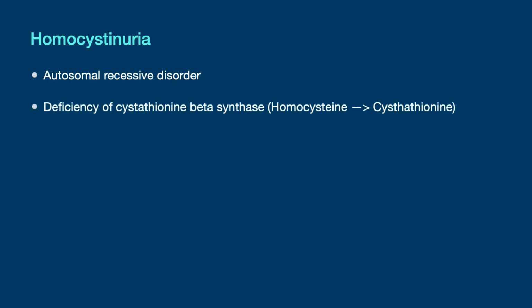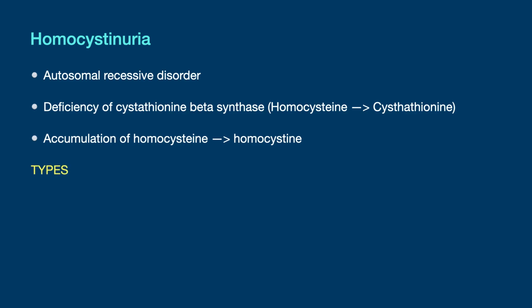Homocystinuria is an autosomal recessive disease caused by the deficiency of cystathionine beta synthase, which is responsible for converting homocysteine to cystathionine. Cystathionine is later converted to cysteine, so patients who have this enzyme deficiency need to supplement their diets with exogenous cysteine.